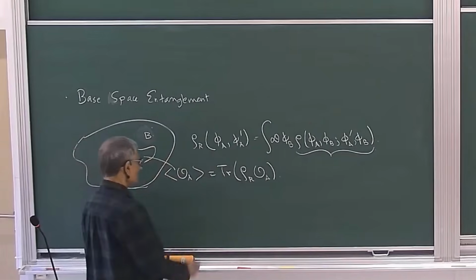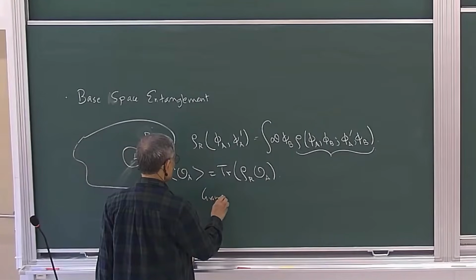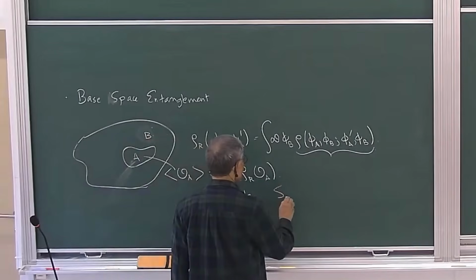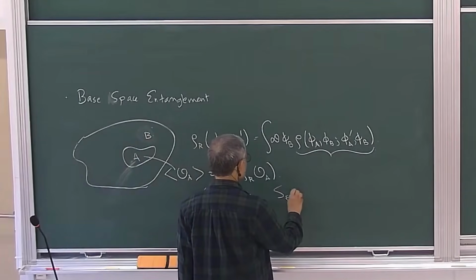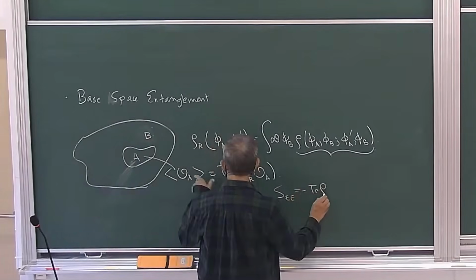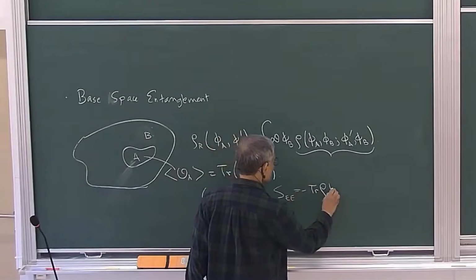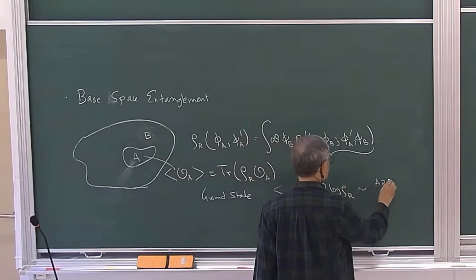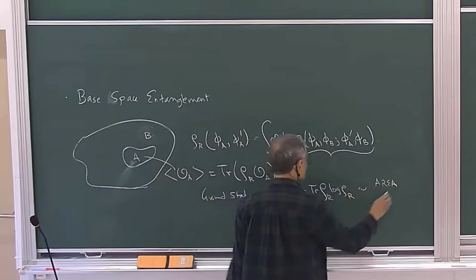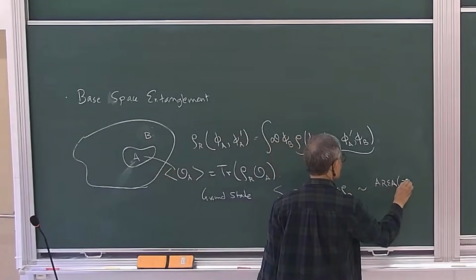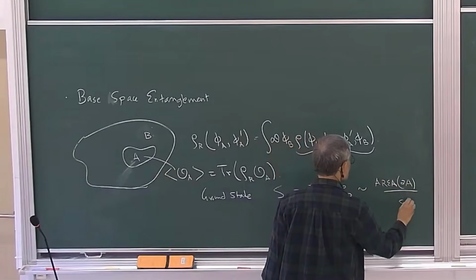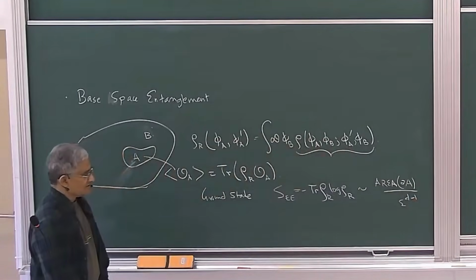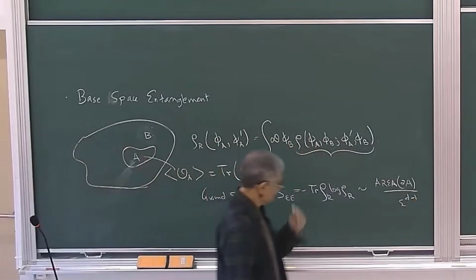And famously, in ground states, if I compute a thing like this, the entanglement entropy associated with this density matrix becomes the area of the boundary surface times an appropriate power of the cutoff, where d is the number of space dimensions. Okay. Very good.